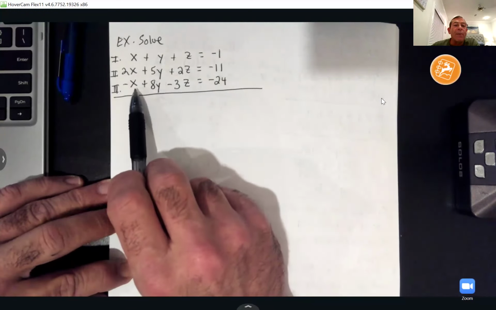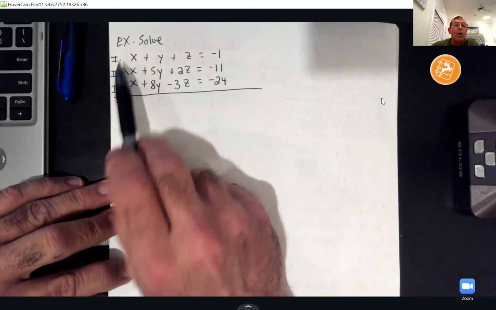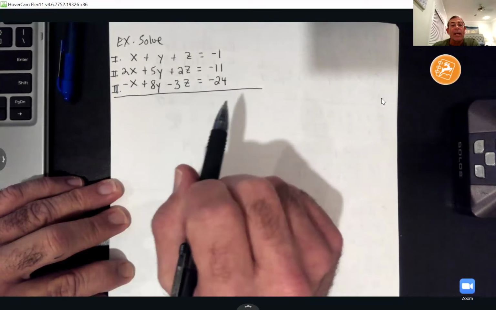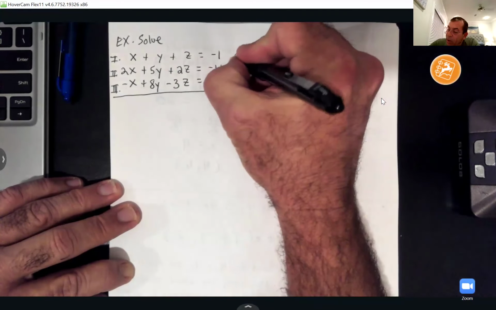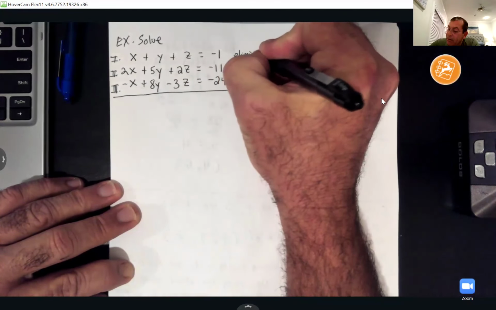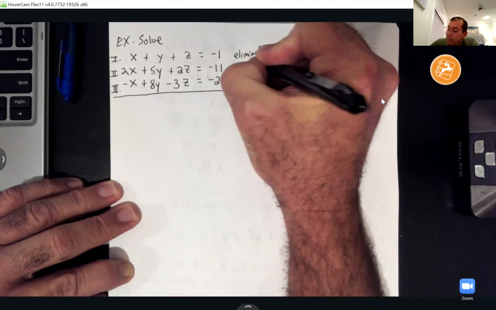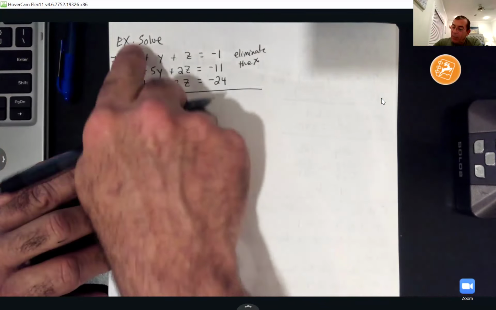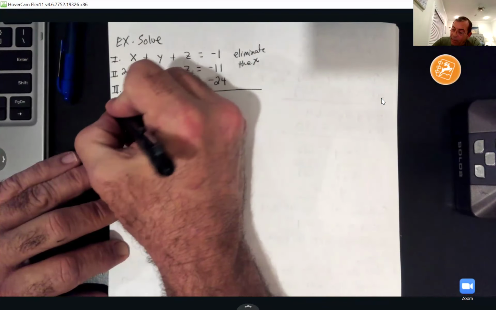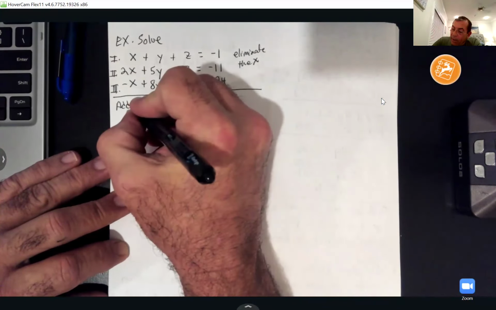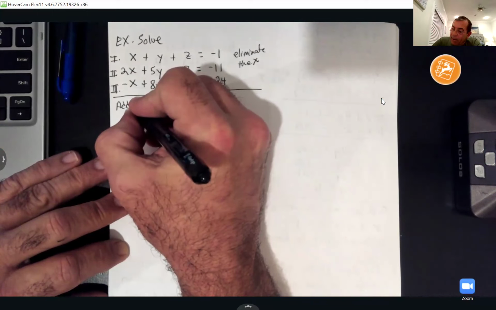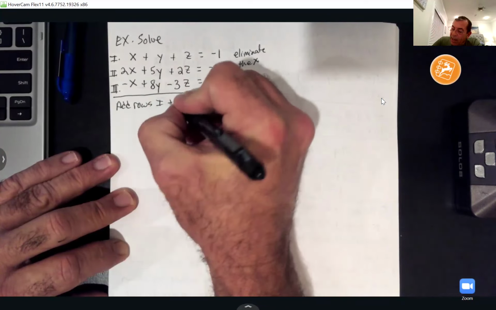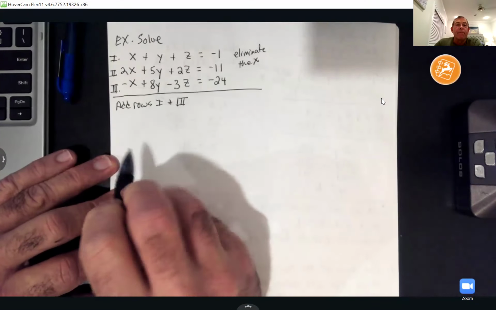Because y'all, right off the bat, if I add row 1 and row 3, that positive x and that negative x are going to cancel. So I'm going to eliminate x's. So remember, I got to do this twice. So first, I'm going to add rows 1 and 3.